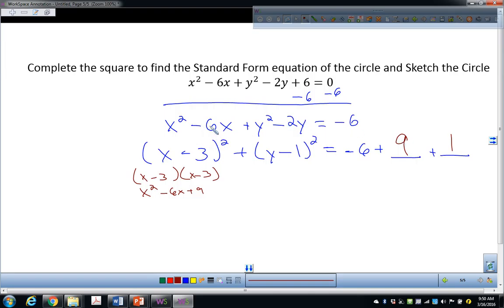You take half of this and you add the square of that to this side. That will keep your equation balanced, because if I FOIL this out, I get y squared minus 2y plus 1, right? So when I rewrote this as this, I added 9 to the left side of my equation.